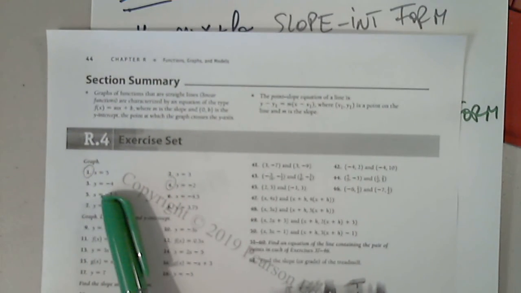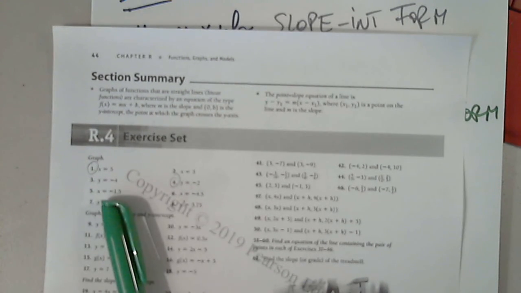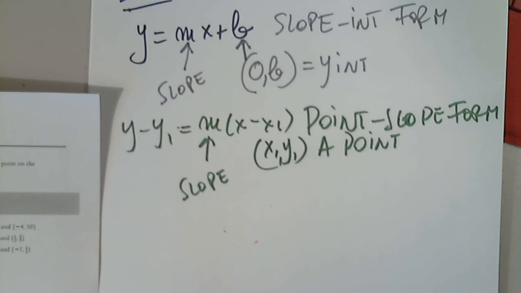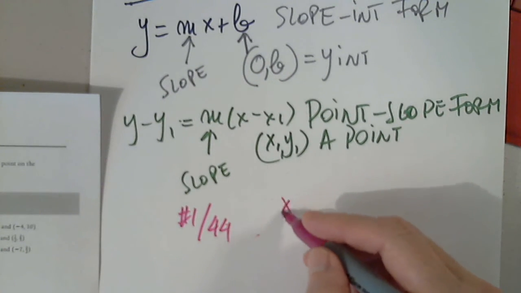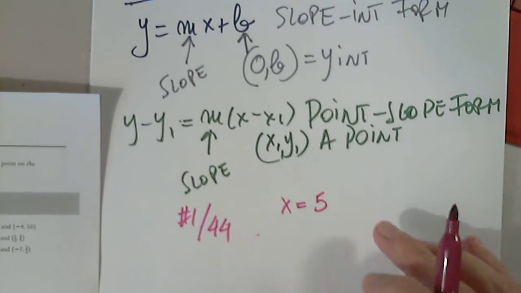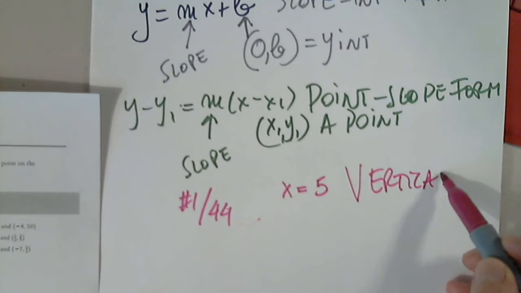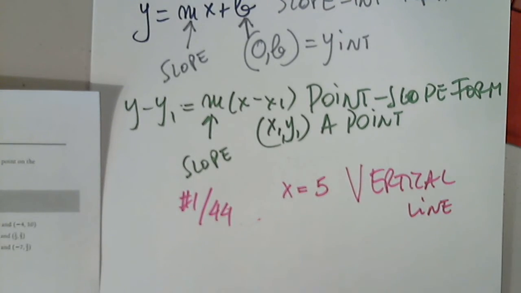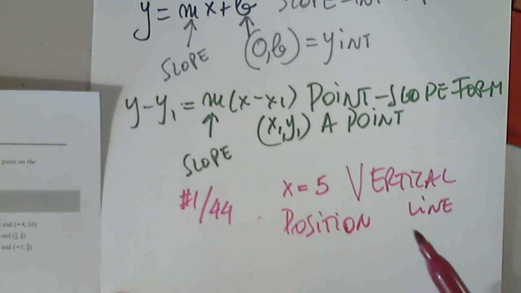I selected number 1 because we are asked to graph, and I selected number 4. So in 1, on 44, we're asked to graph x equals 5. Well, this is a vertical line. It indicates position, not altitude.